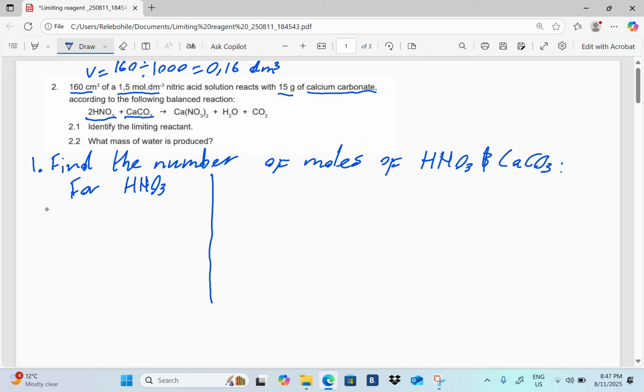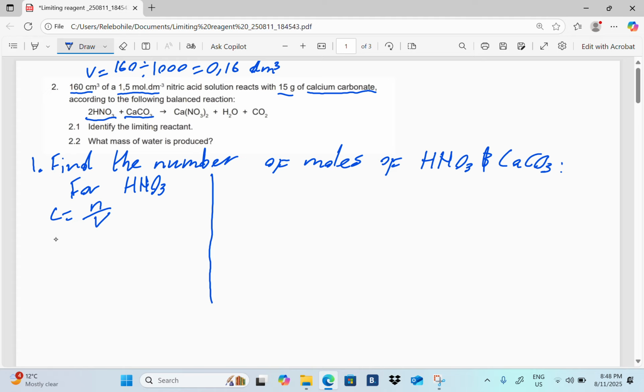Then from there, I will use the formula that has the information I have. I'm given volume, and I'm also given concentration. What am I looking for? The number of moles. So here I will say that C is equal to n over V. This is my formula to find the number of moles when I have concentration and volume.